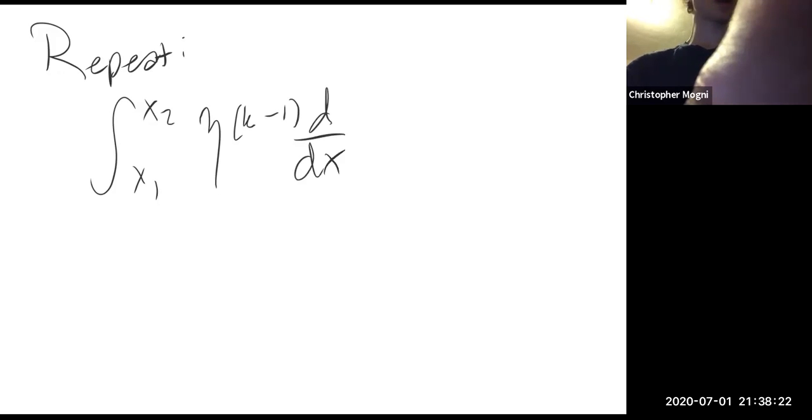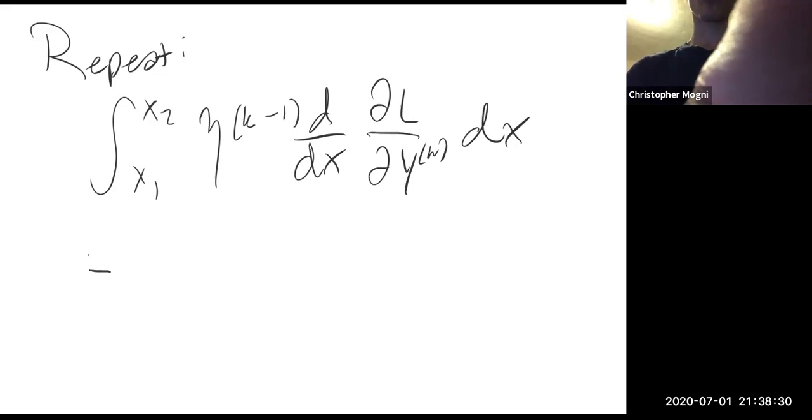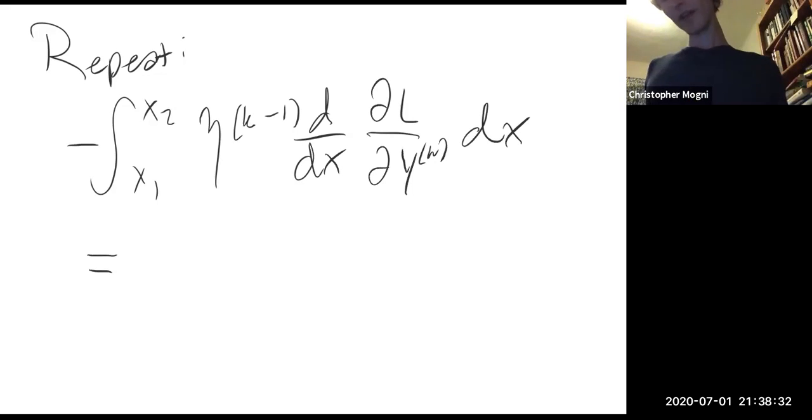Cool. So this is the expression that we ended up with. There's a minus sign there. So that minus sign is going to be important. Let's take another derivative off of eta. So we're going to do the integration by parts. We're going to just move a derivative over.